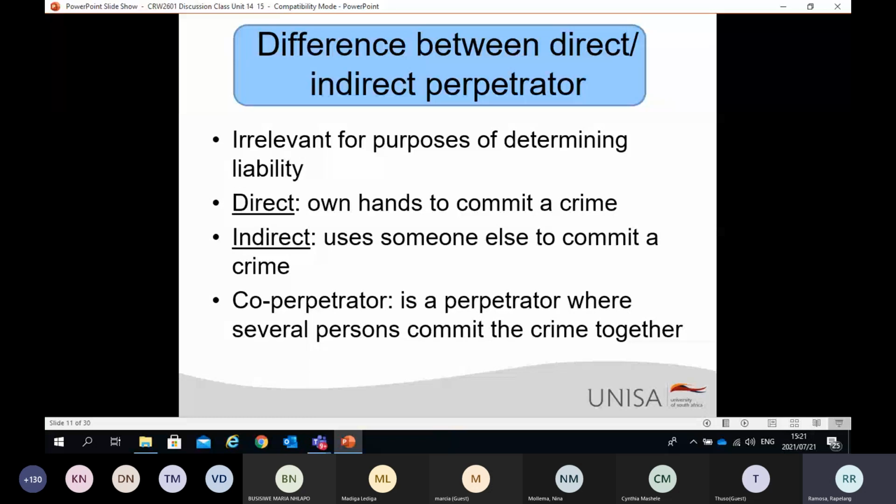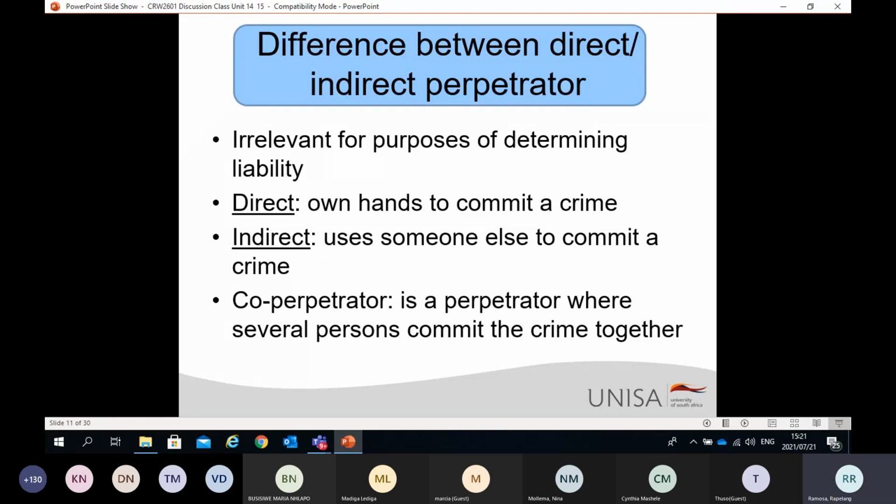Moving right along and just clearing certain terminology out of the way. For the purpose of liability, we don't use terms like direct or indirect perpetrator as such. A perpetrator is a perpetrator irrespective of whether they performed that conduct by their own hands or they used an intermediary to achieve that conduct, whereby somebody, for example, hires an assassin, and Z, for example, being the assassin, is the one who unlawfully and intentionally causes the death of another.